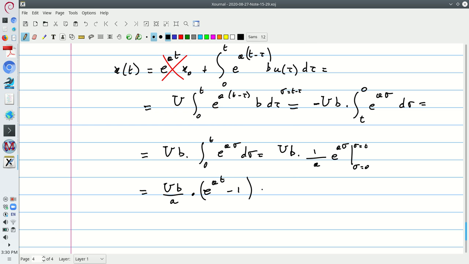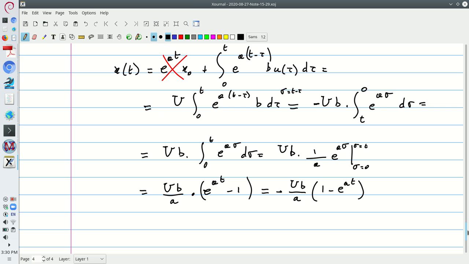Let's write this in a different way for reasons that will be clear in a second. I want to take a minus sign out, so I have to write what's inside the parentheses as 1 minus exponential of At.